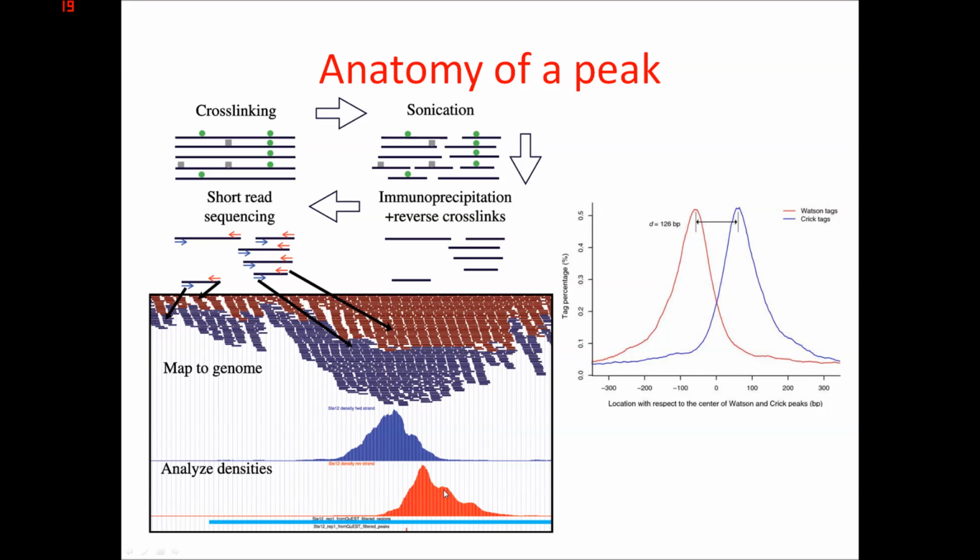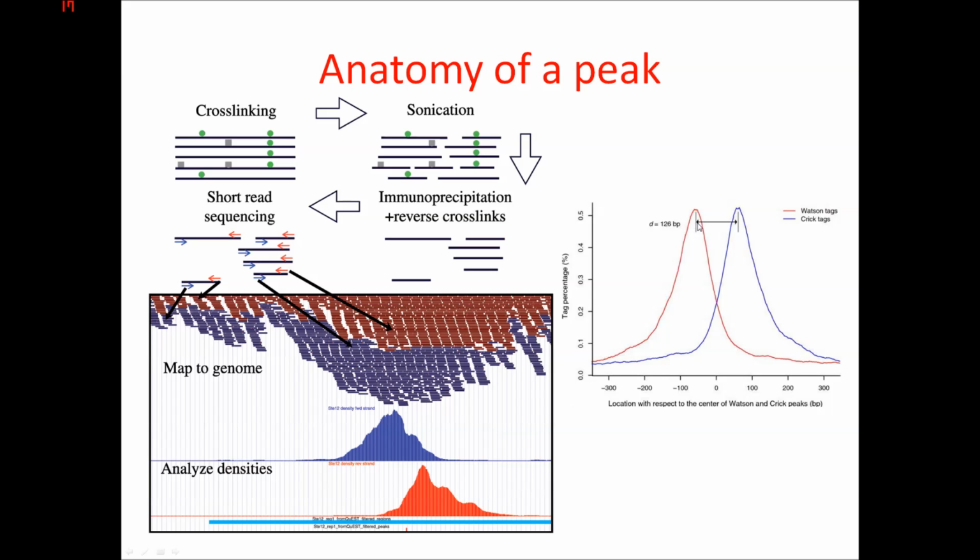So what MACS is able to do is say, well, I can see this distribution of reads, let me guess what the mean fragment size is. So in this schematic on the right hand side, Watson tags corresponding to forward strand, Crick corresponding to reverse strand, it looks at these bimodal distributions, finds the center point of each, and then looks at the distance between the peaks.